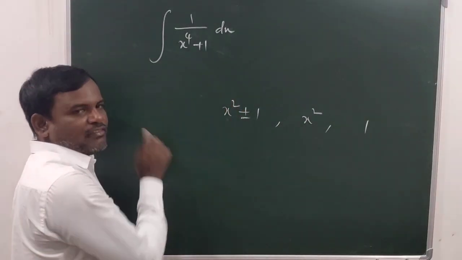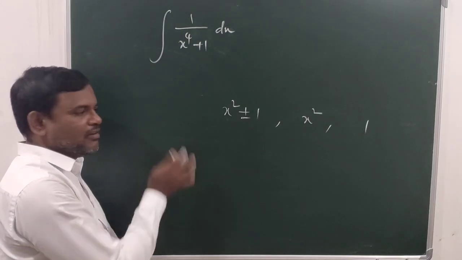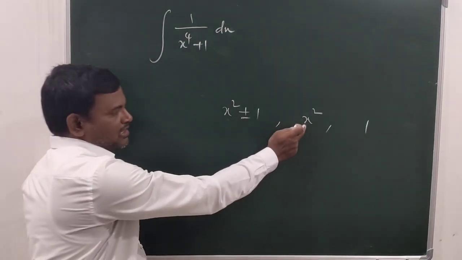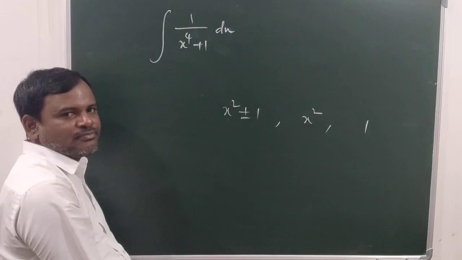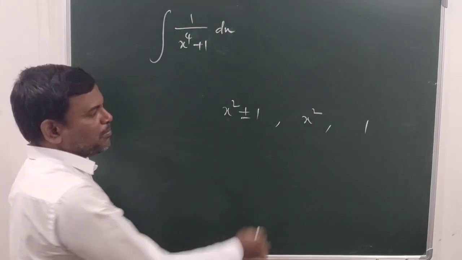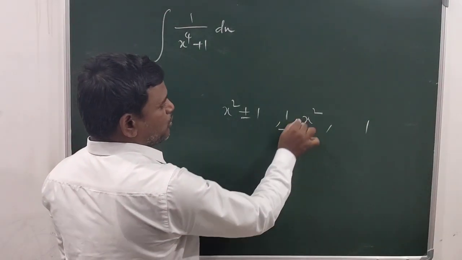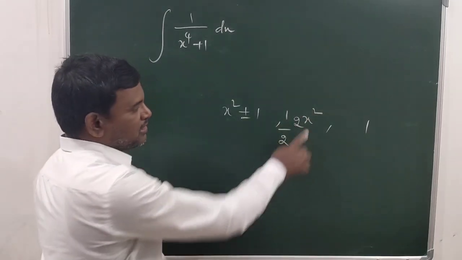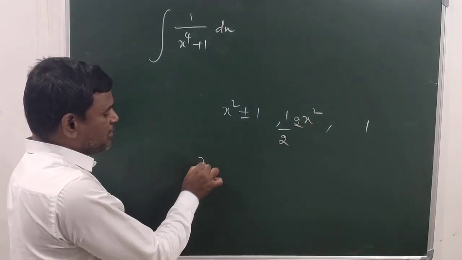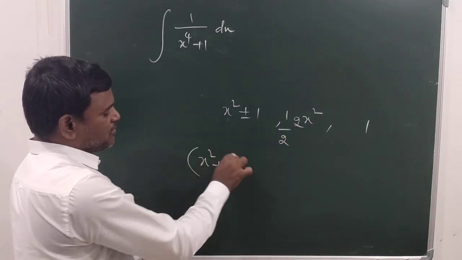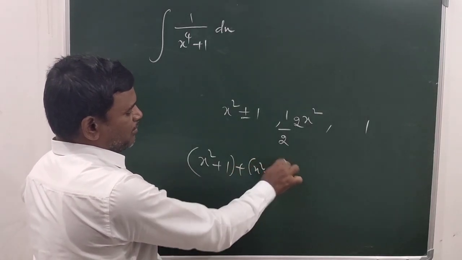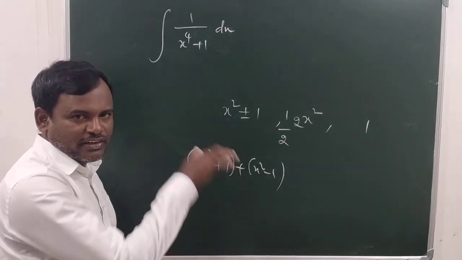In this case, we directly took x square common and did the solution. In this type of model, we multiplied numerator and denominator with 2, and split the numerator 2x square as x square plus 1 and x square minus 1, and did the solution.